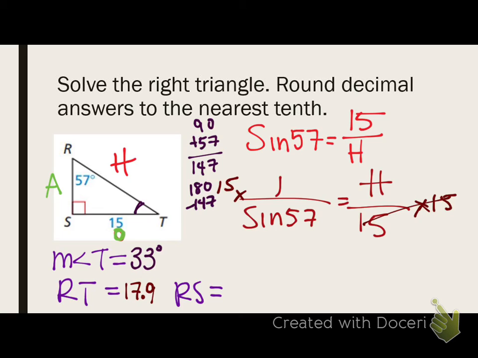Yes. So which trig ratio are we going to use? Tangent of 57 equals the opposite, 15, over the adjacent. Do I need to flip it? Yes.